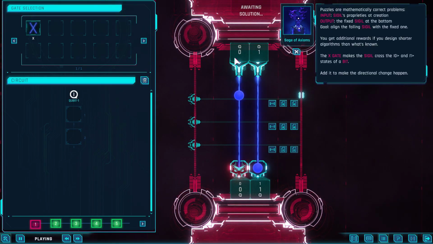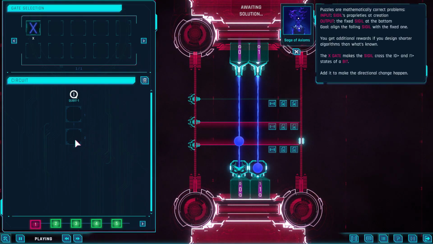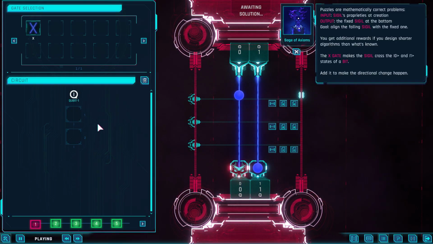The number of qubits is determined, first of all, over here in this circuit diagram. You can see here that there's only one qubit in it. It has two rows, which means that we are allowed to place two gates in this format.